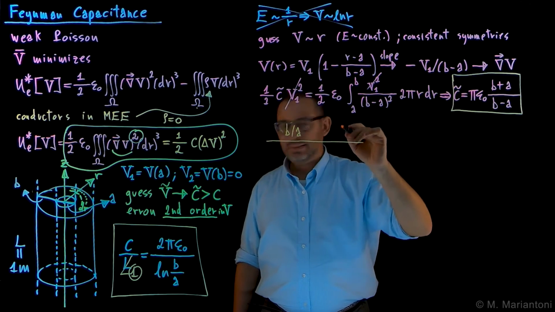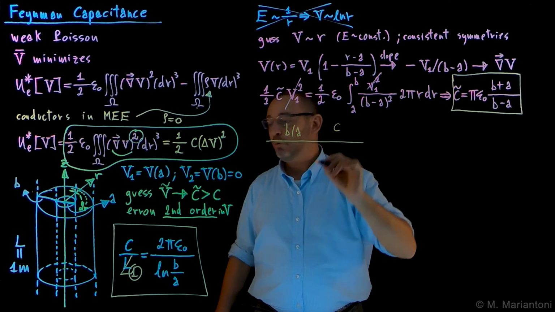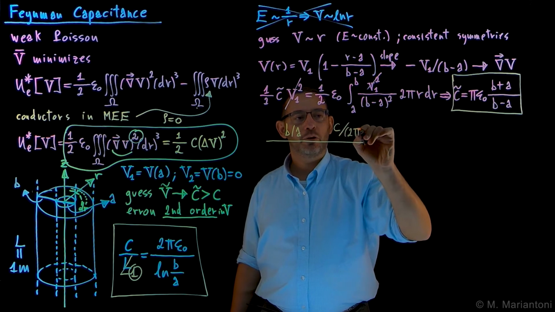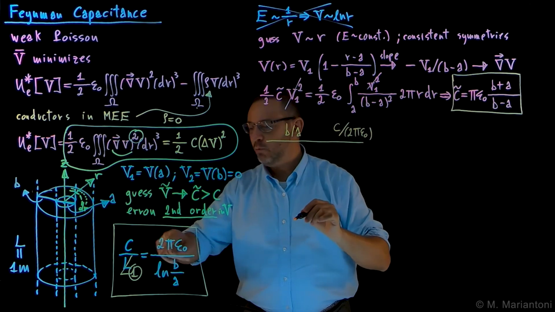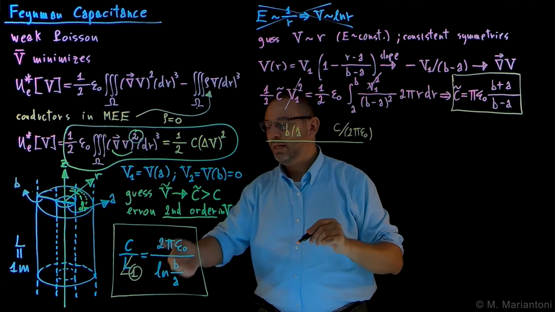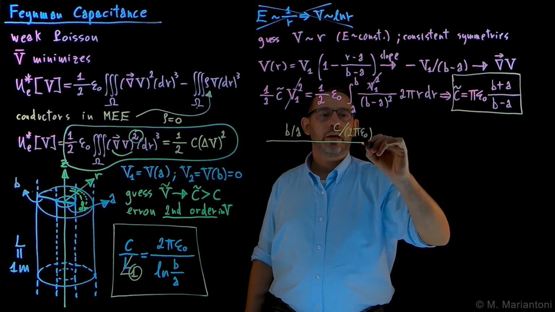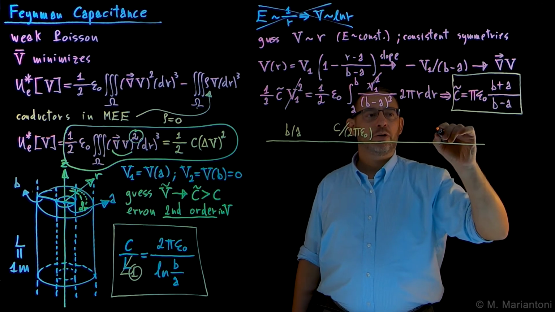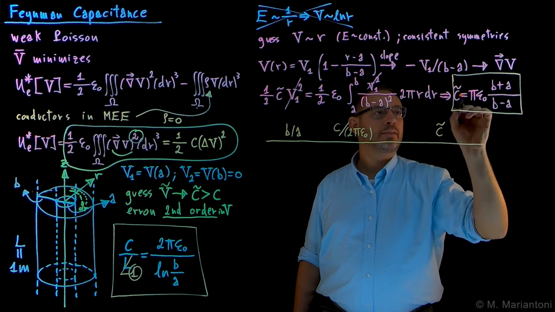Then in the next entry, we have the actual C, and let's renormalize it over 2 pi epsilon naught. So it's this for L equal 1 divided by 2 pi, so it's just 1 over the natural logarithm of b over a. And in the last entry, finally down here, we are going to have our guessed C tilde divided by 2 pi epsilon naught.